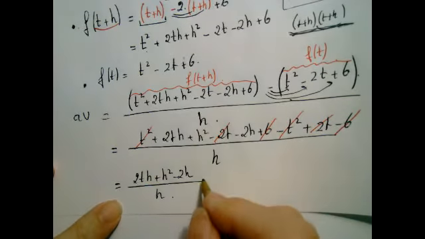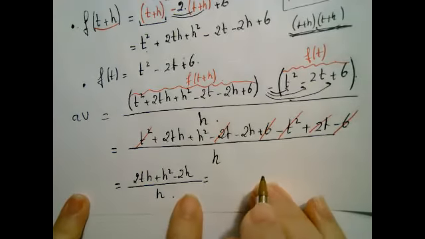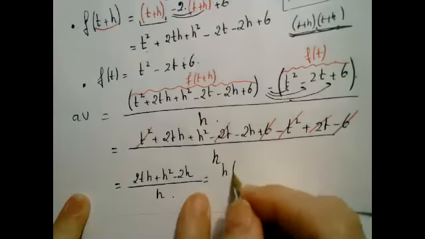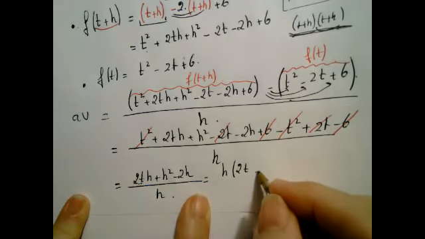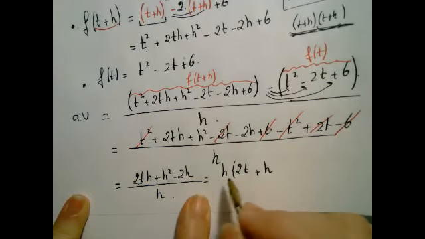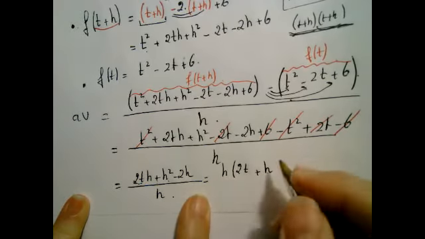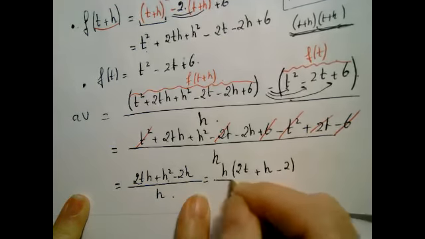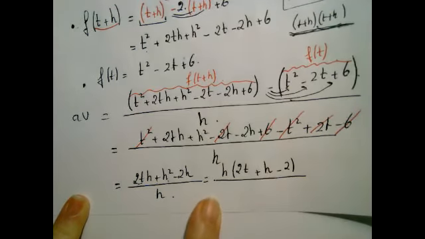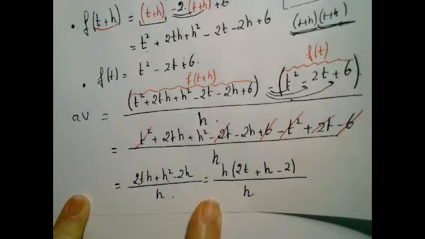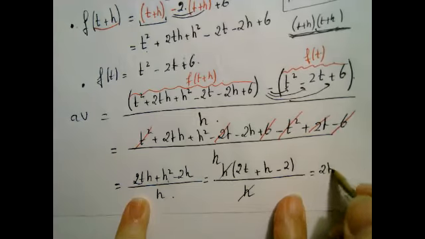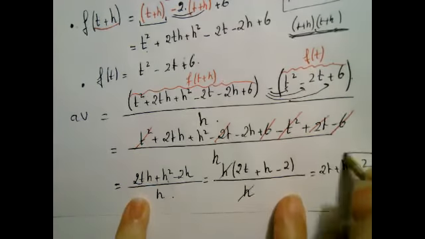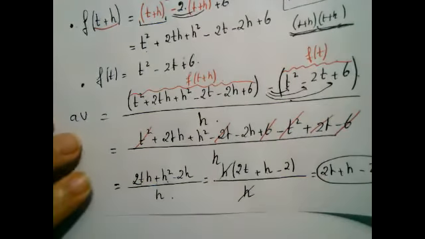And now we notice something, that I can factor out the h in the numerator. So I can really factor it. If I factor, I will have 2t in here. I will have an h left, because h times h will give me the h squared, and I will have the minus 2 in here. So that's something we realize we can do, divided by h. Now what this will allow me is, you can cancel the h, and get 2t plus h minus 2, that's the answer.